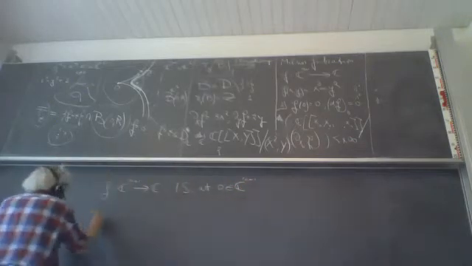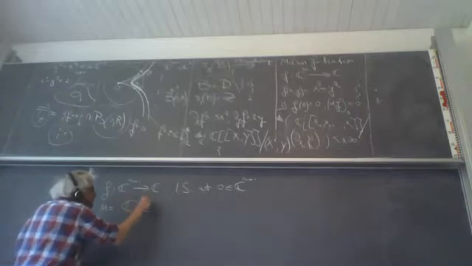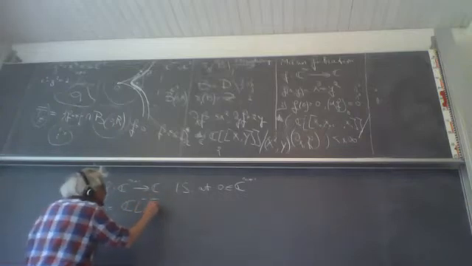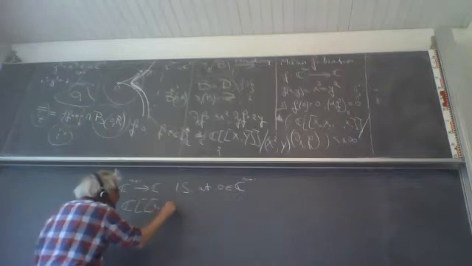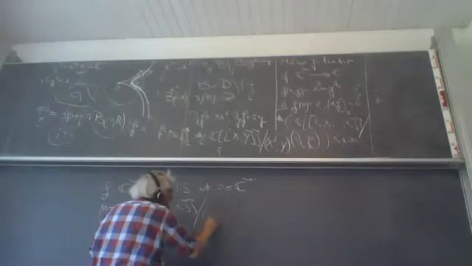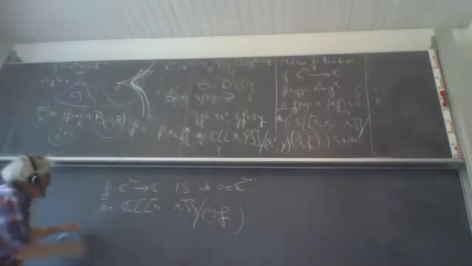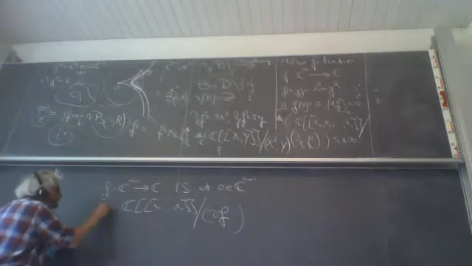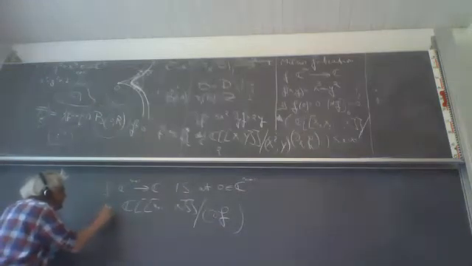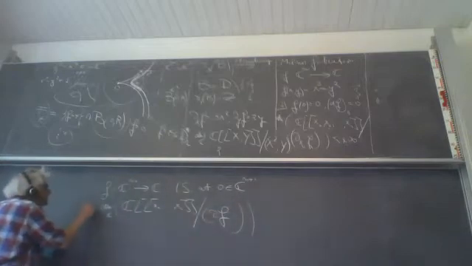Then the Milnor number mu is the dimension of C[x_0, ..., x_n] modulo the ideal spanned by the partial derivatives of f. Pardon, the Milnor number is the dimension of this vector space as a complex vector space. That is the Milnor number.